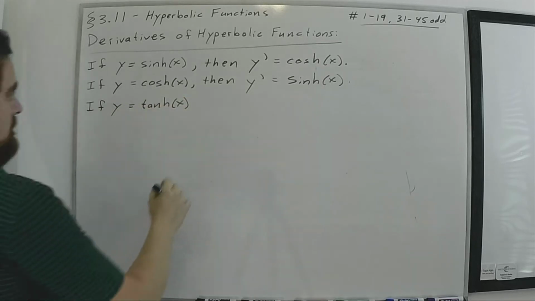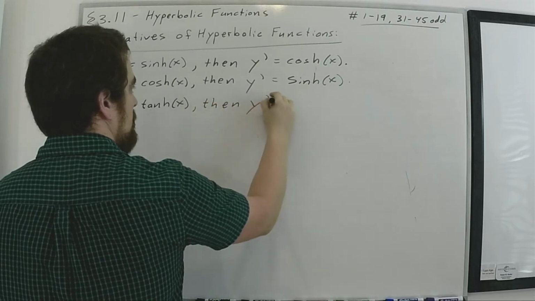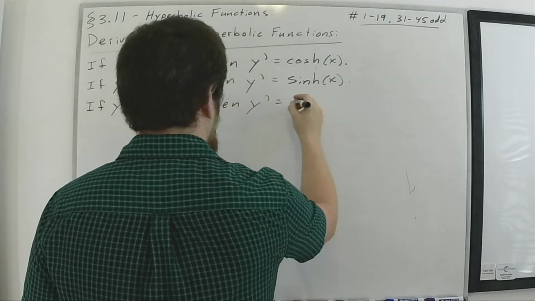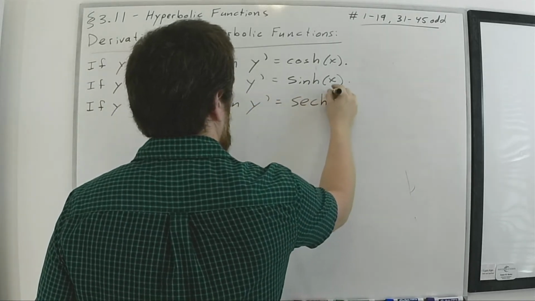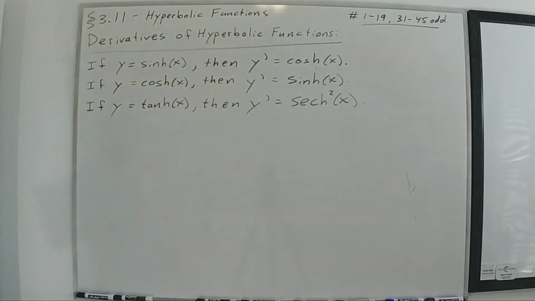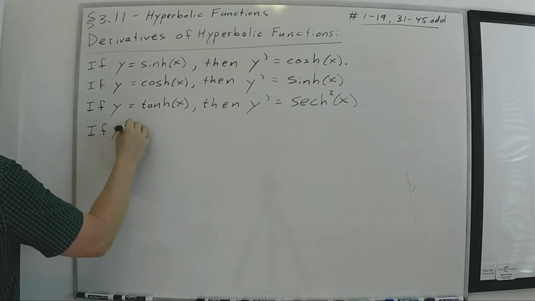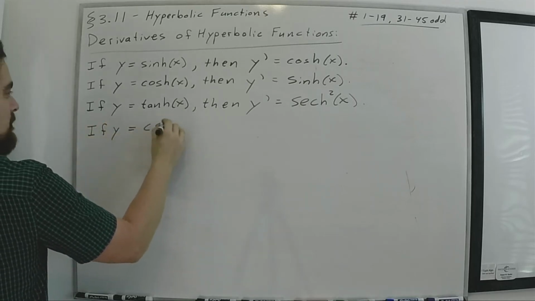If y is tangent hyperbolic of x, then y prime is secant hyperbolic squared of x. Again, feels familiar. And let's look at their reciprocal functions.